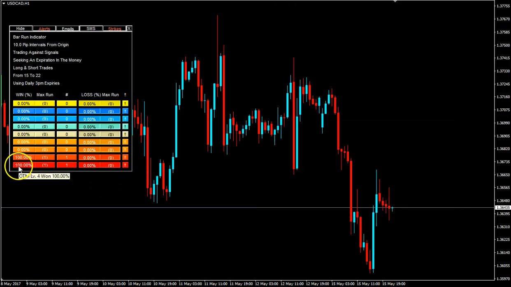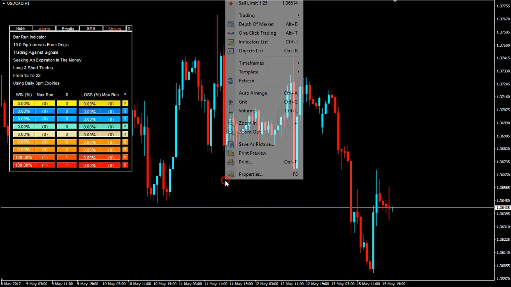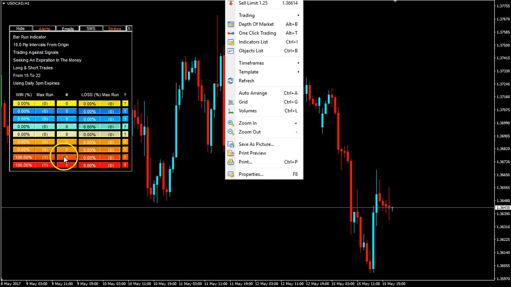We will see a 100% win rate on 1 trade. I mean, you can't trade that, but you see, none of these had any trades because we're looking for 6 losses in a row. None of these had 6 losses in a row. Only this one and this one did.